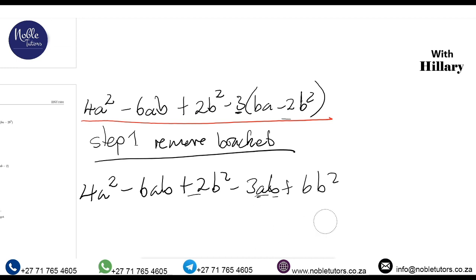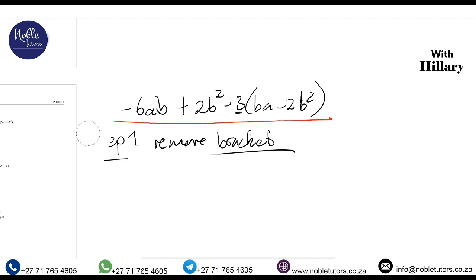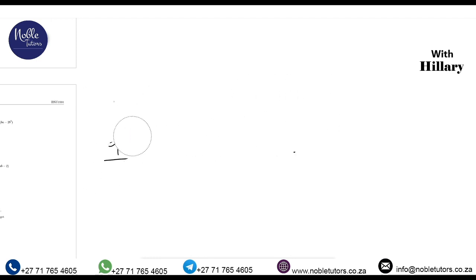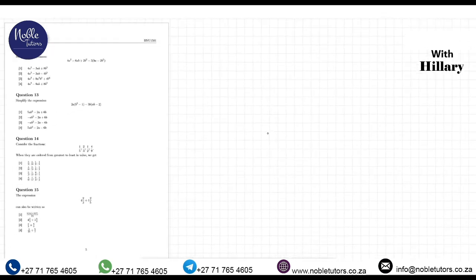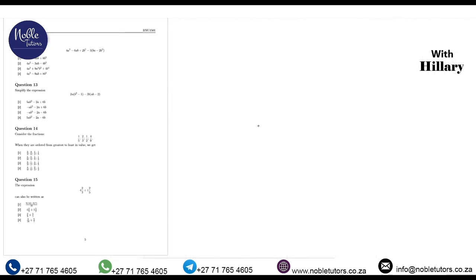After that, we also want to look at another expression that is given that we need to deal with. On question number 13, we are also given an expression. The expression goes as 2a(b squared minus 1) minus 3b(ab minus 2).